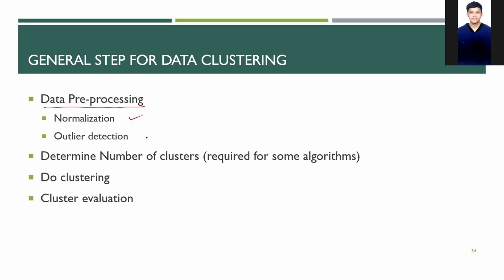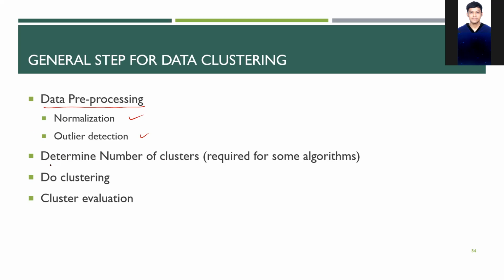We also consider outlier detection, because most data clustering algorithms are very sensitive to outliers. If we don't need the outliers, it is better to eliminate them. You can also do other preprocessing, like handling missing values and many other things.